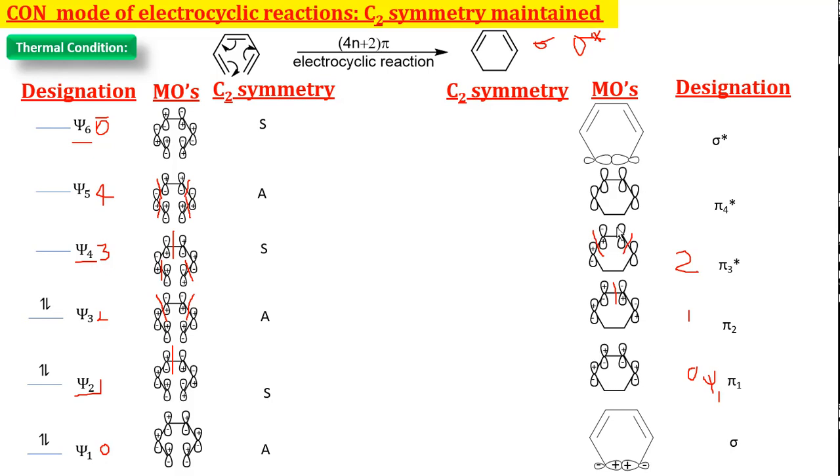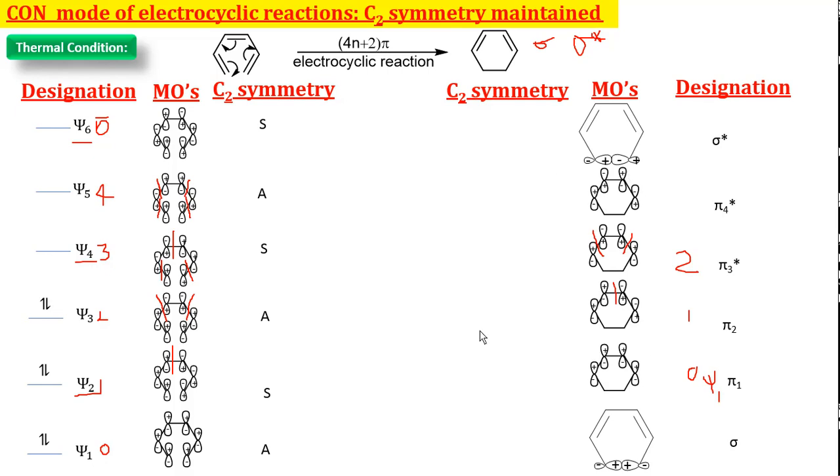There is no node, therefore we get minus. Here node is present, therefore we get plus. Psi 4 has 3 nodes, and plus and minus will come alternatively. You remember, friends, these are nothing but the 1,3-butadiene molecular orbitals only. And coming to sigma star, here plus overlaps with minus. So this is the molecular orbitals of the product.